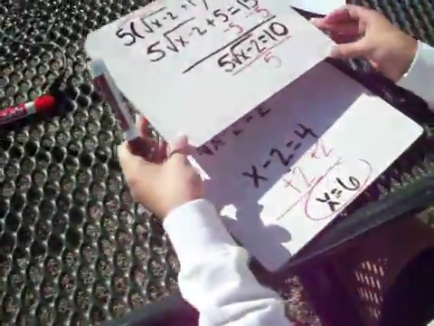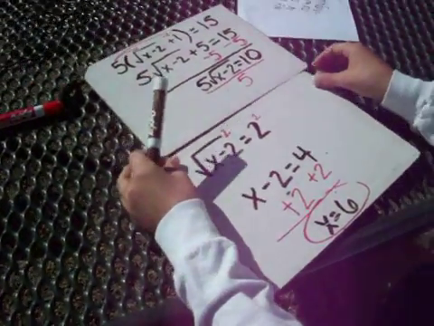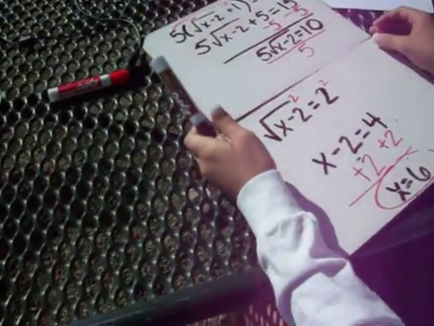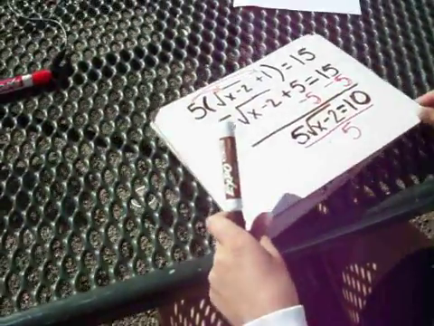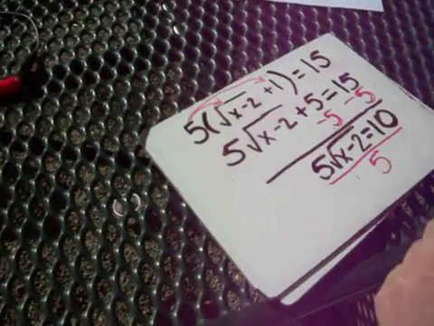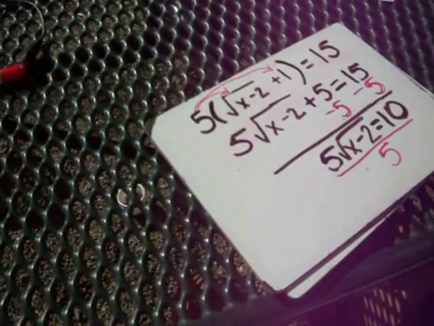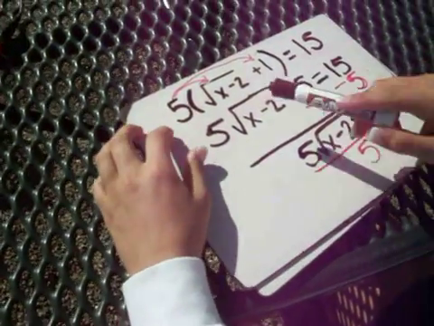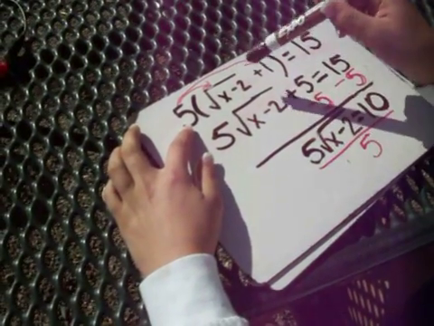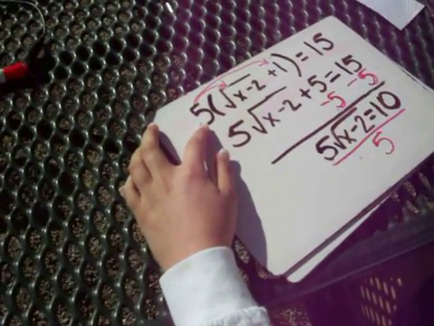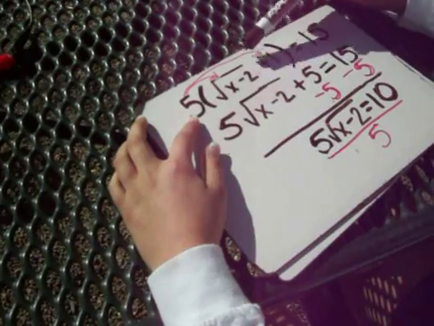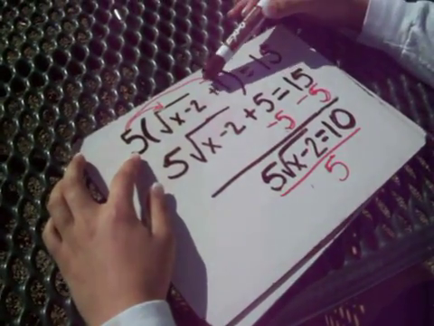And I'm going to show you how to solve algebraic equations involving square roots. So we're going to use the equation 5 times the square root of x minus 2 plus 1 equals 15. And to start, we distribute the 5 to the square root of x minus 2 and plus 1.